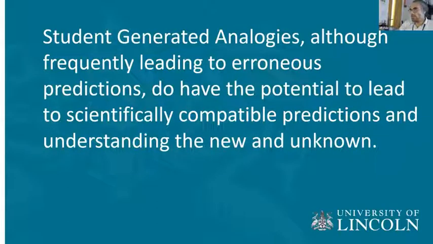But we've also found that there are some analogical reasoning and some analogies that have the potential to lead to scientifically compatible predictions and scientifically compatible understanding of those novel situations. And we shall see some examples of these.